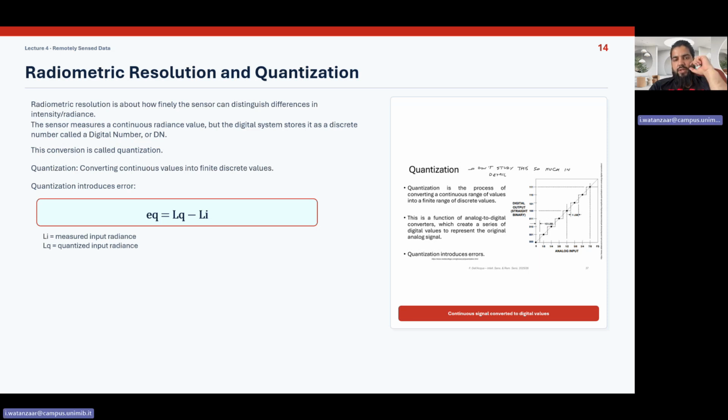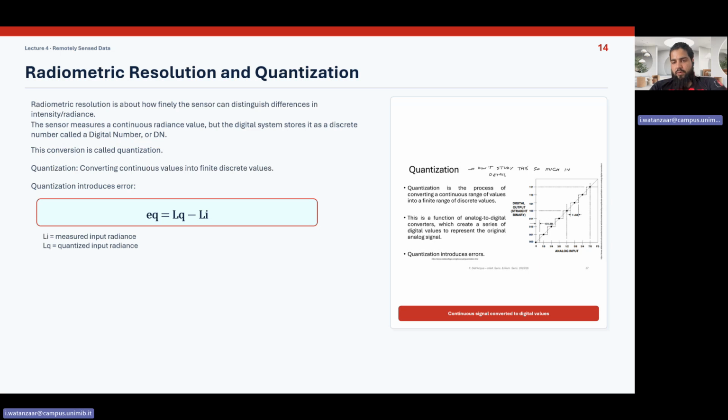The sensor measures continuous radiance values, continuous because the electromagnetic waves are continuously bouncing back to the sensor and being captured, so it is a continuous set of values of the radiance or intensity. But the system stores this as discrete numbers, called digital numbers, or DN.